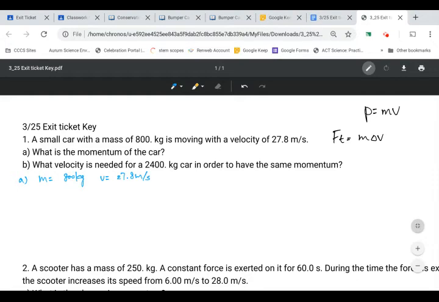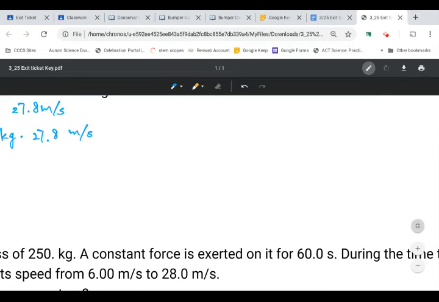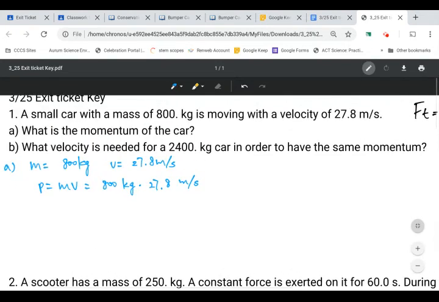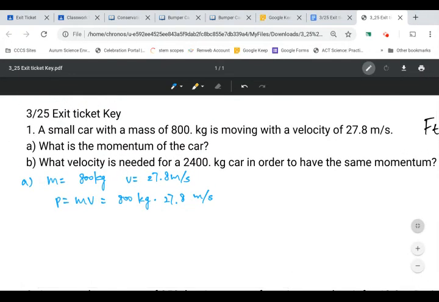Very simple. Momentum p equals mv equals 800 kg times 27.8 meters per second, and then you get your answer. Right? And then part B.